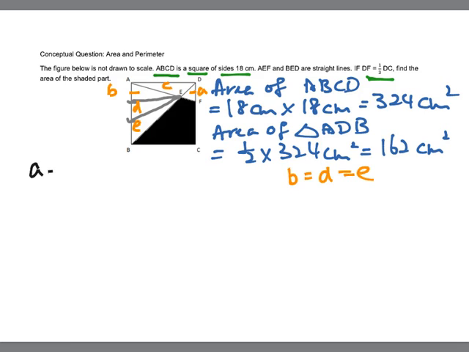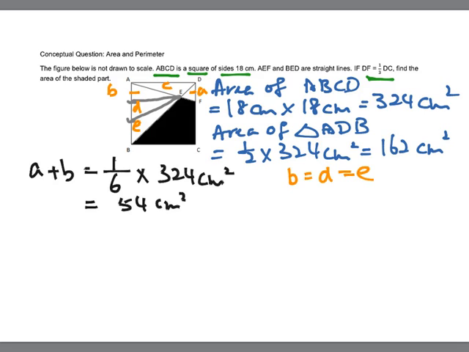A plus B is actually, because DF is 1/3 of DC, that means this A plus B is actually 1/6 of the whole area of the square ABCD, which is 324 square centimeters, which is equal to 54 square centimeters.